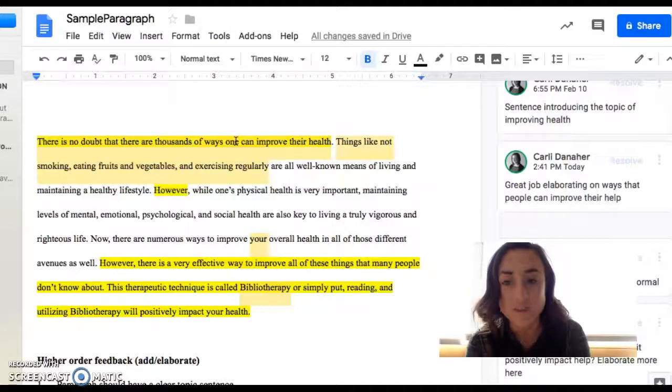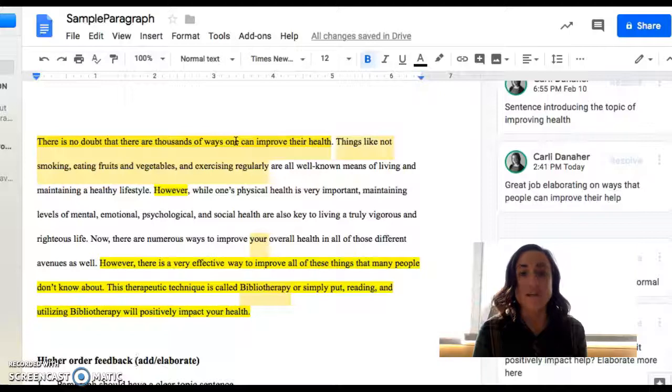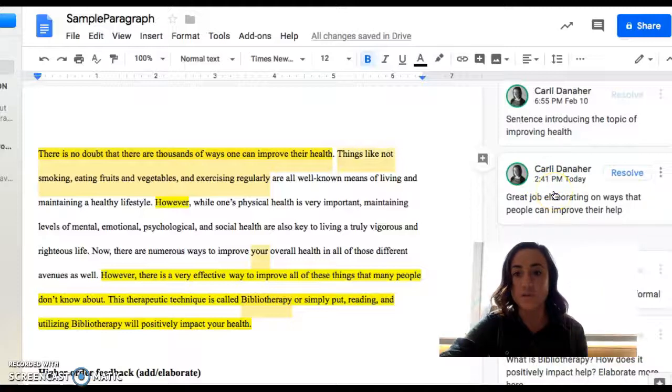Now, the first example I want to discuss is higher order feedback, maybe a place that this writer did well elaborating on. The second sentence I highlighted and left a comment for the writer in this corner right here.